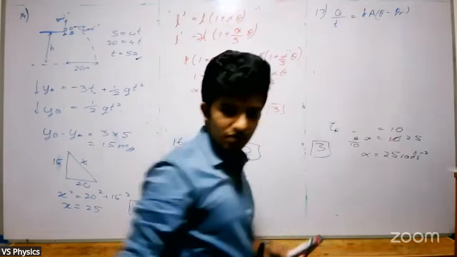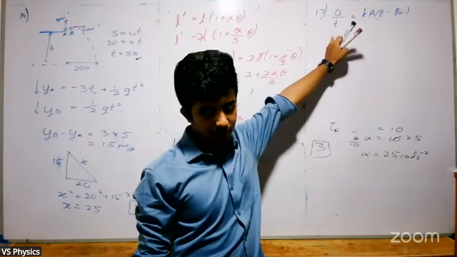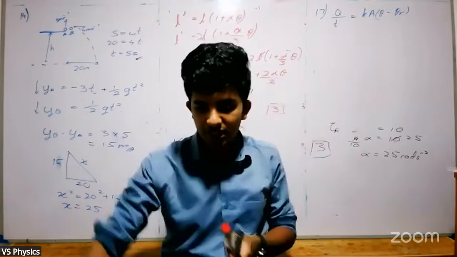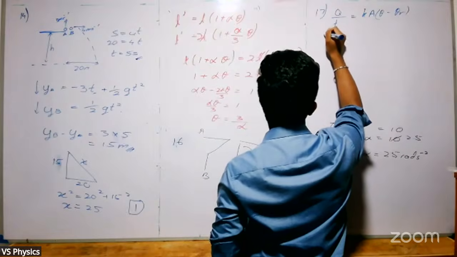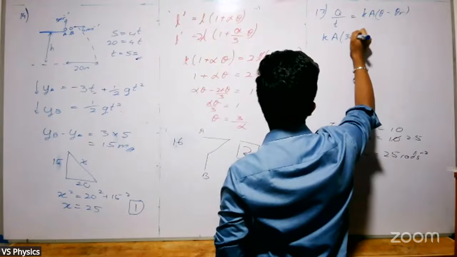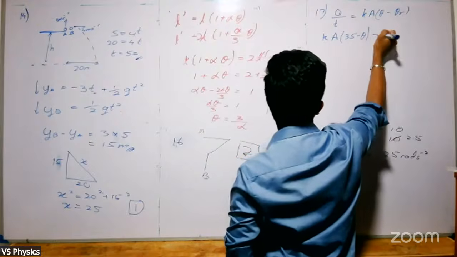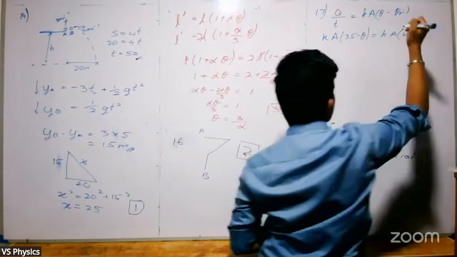You are using this equation to find the answer. At the end of the day, the rate of change of heat is the same. Then we can write KA into 35 minus theta.